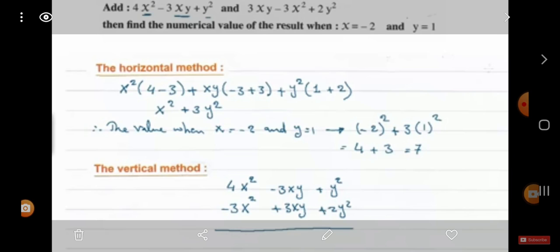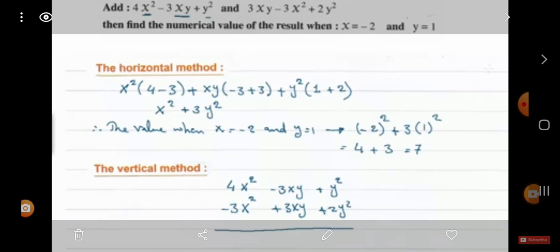Then I can put xy and open brackets negative 3 positive 3 and close the brackets, plus y square, with coefficient 1 in the first expression and coefficient 2 in the second, then I open brackets 1 plus 2. Then for x square, 4 minus 3 equals positive 1.